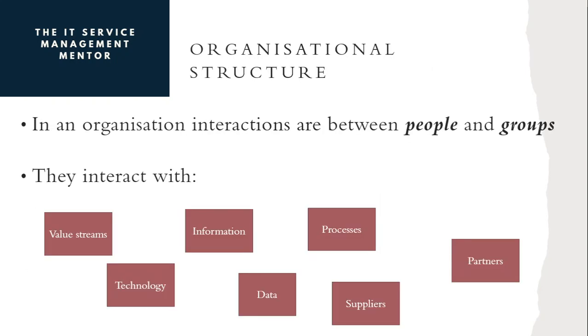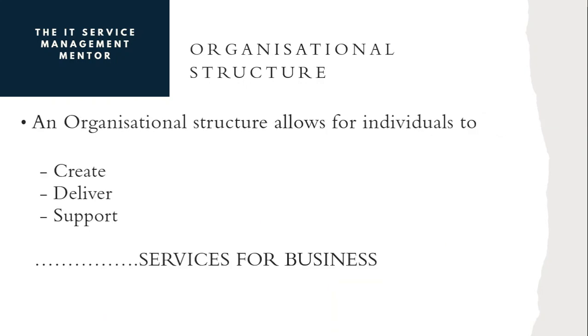In an organisation, interaction between people and groups range from value streams to technology to information, data, processes, suppliers and partners. An organisation structure allows individuals and functions to create, to deliver and to support services for businesses.